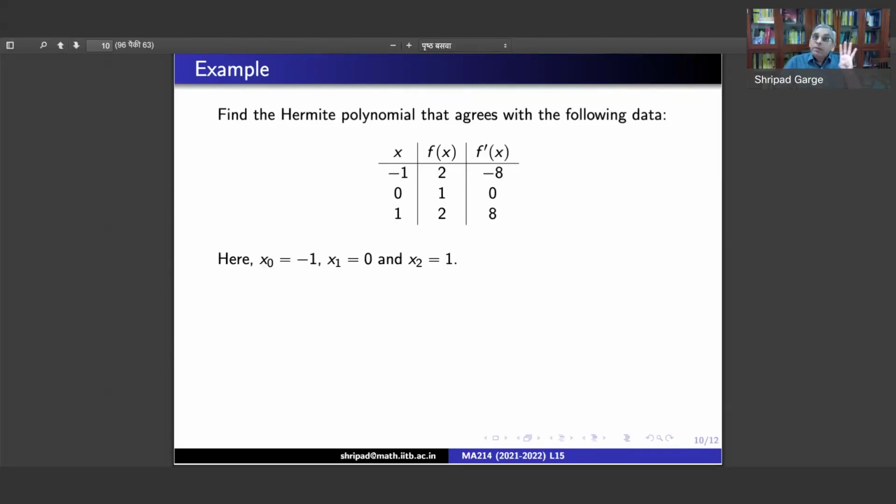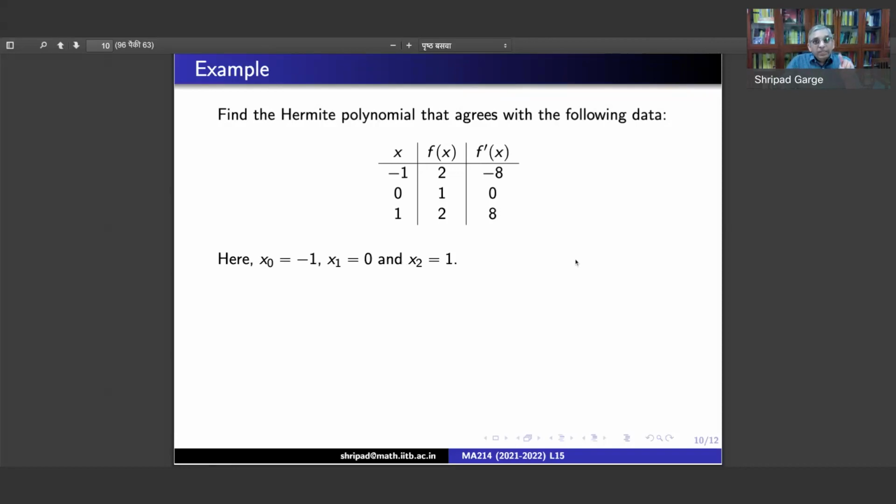Our x0 will be -1, x1 will be 0 and x2 is 1. So n is 2, and so we should look at a polynomial of degree less than or equal to 5: 2 into 2 plus 1, 4 plus 1, 5. Okay, so we are in fact going to get something of degree less than 5. We will see at the end.